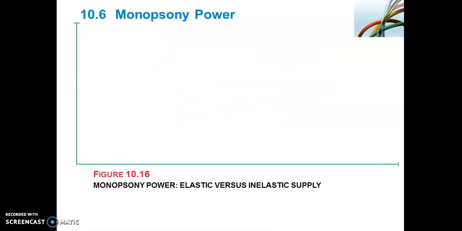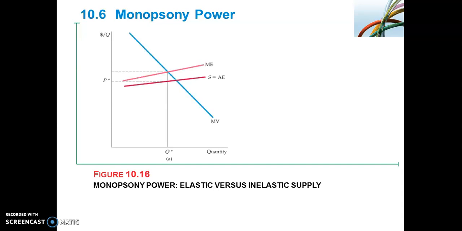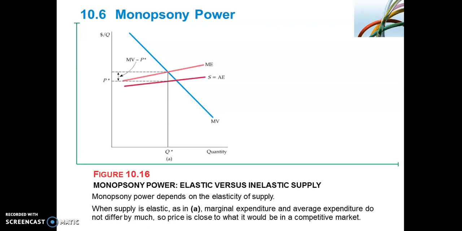Now, figure 10.16 illustrates monopsony power. A pure monopsonist is rare, just like a pure monopoly is rare. So what is more likely is a couple of buyers with some monopsony power. Figure 10.16 shows how monopsony power is affected by the elasticity of supply that a buyer is faced with.